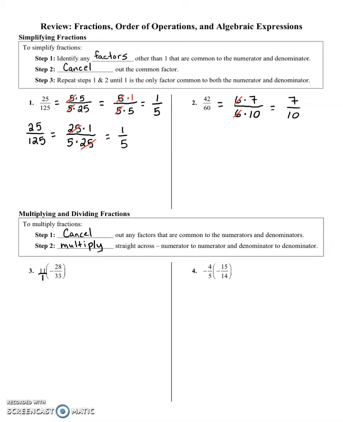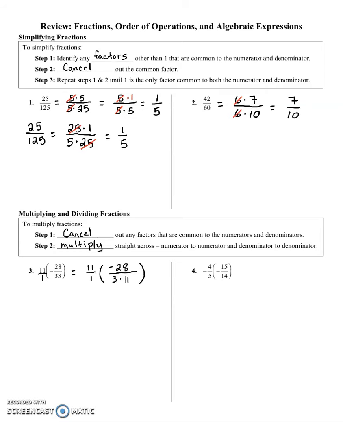If we haven't divided it at all, then it's one whole piece, so its denominator is 1. So now when we look at this, we have 11 over 1 times negative 28 over 33, and 33 is 3 times 11.